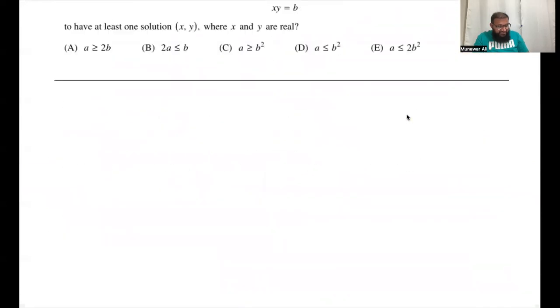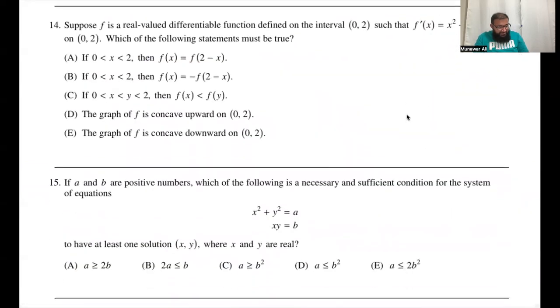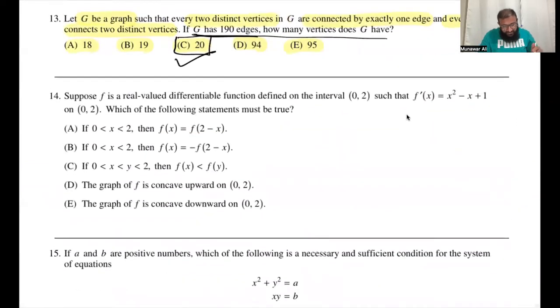Where should I find the space here? I have a space down here. Okay, so it says that f is a real valued differentiable function on the interval 0 to 2. This f prime is the derivative of the function. On this, which of the following statements must be true?